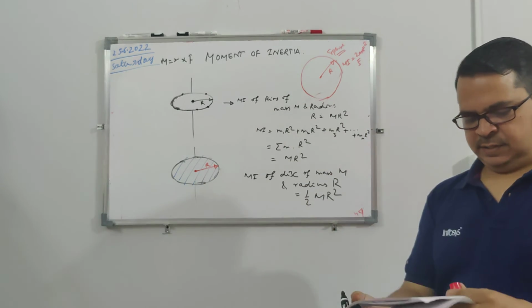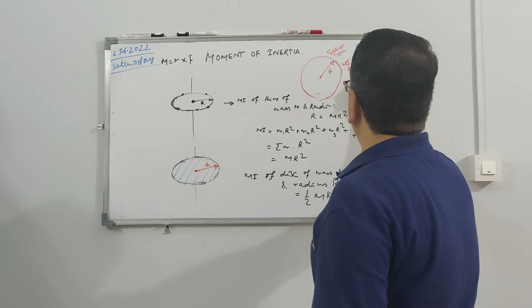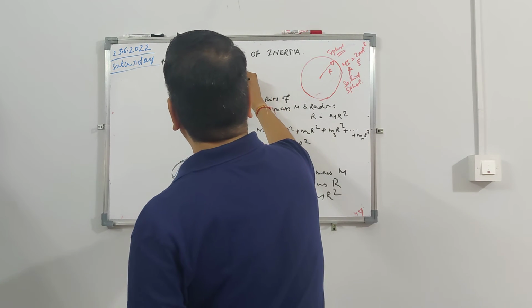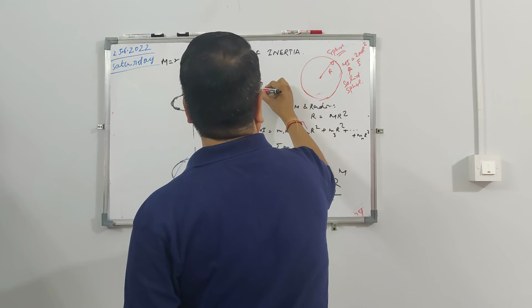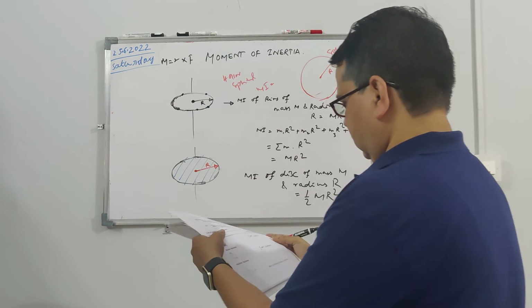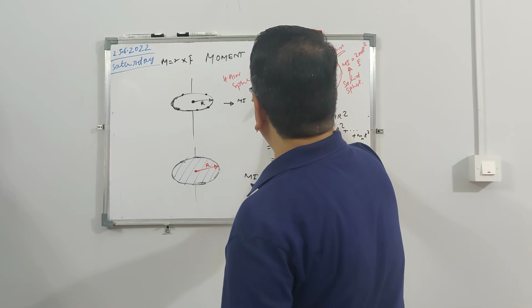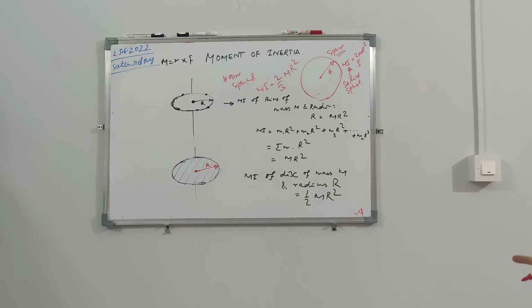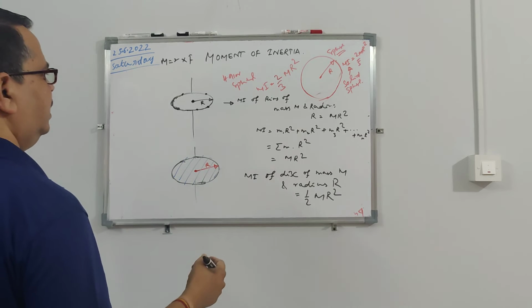That is a solid sphere. Then you have a hollow sphere, where the moment of inertia is equal to 2 by 3 mr square. Just remember these values. We are not deriving it here.